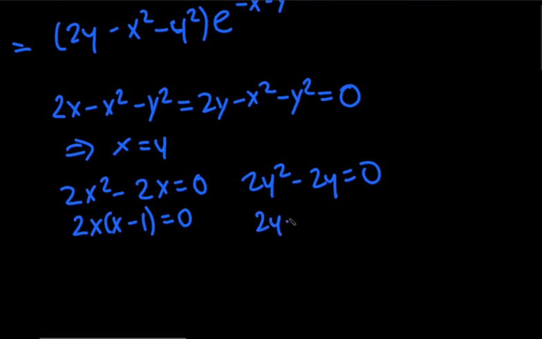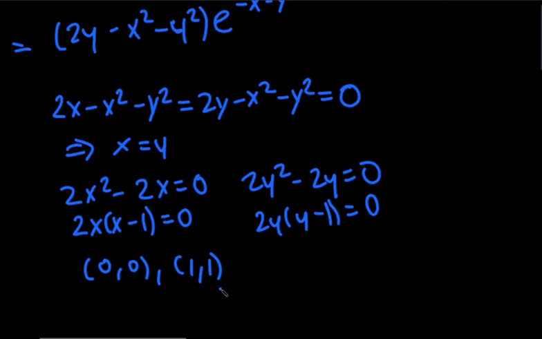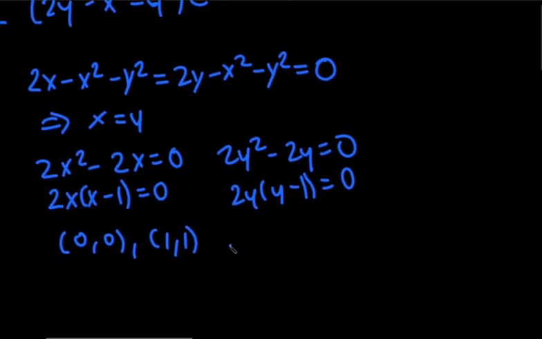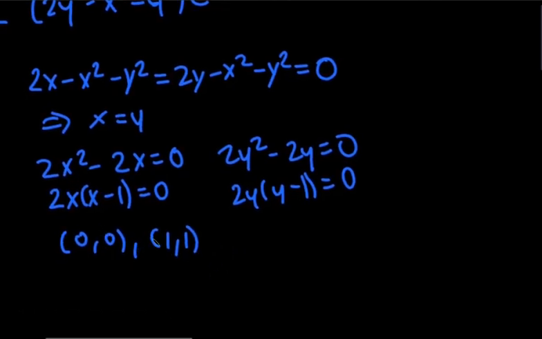Same thing here. So clearly the only two points are 0, 0 and 1, 1, because x is equal to y, and in that case the critical points will be 0, 0 and then 1 comma 1. Now obviously 0, 0 is not a candidate for the maximum point, because the function is 0 there, and therefore 1 comma 1 is our maximum point.